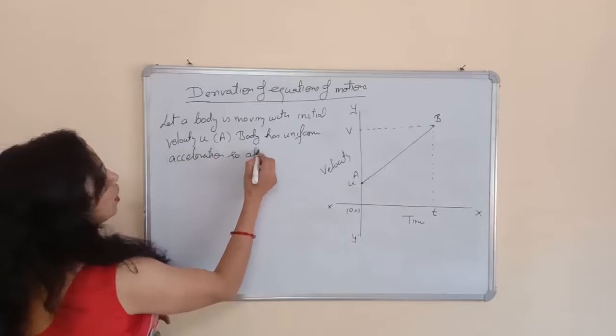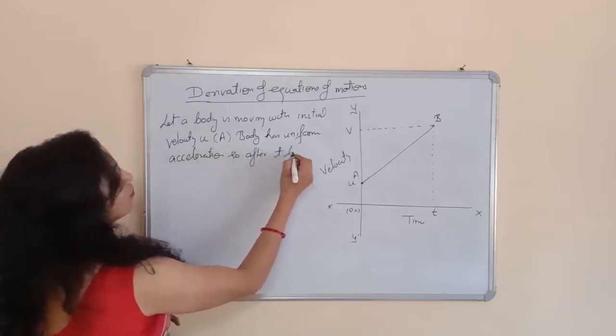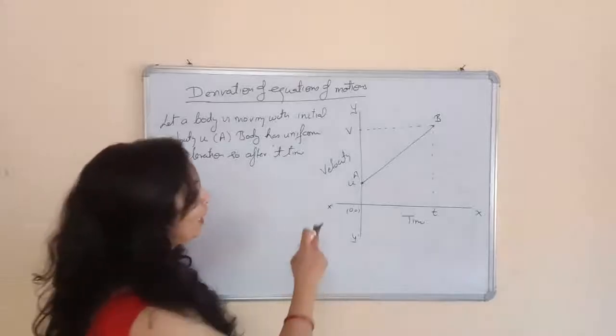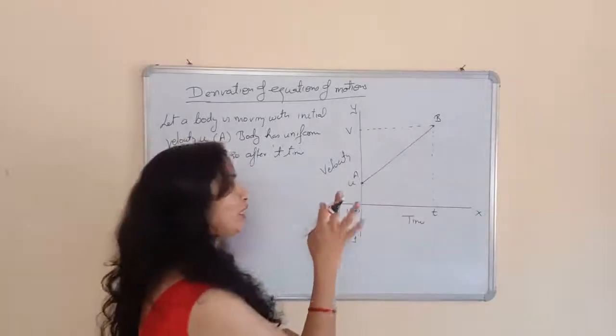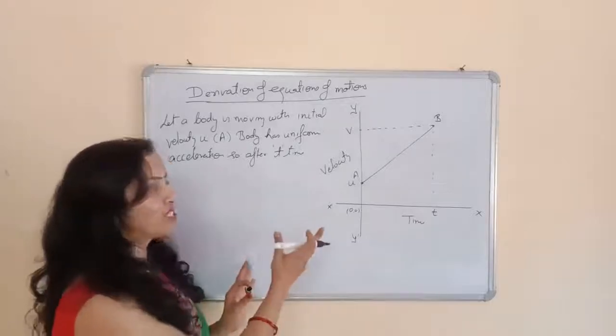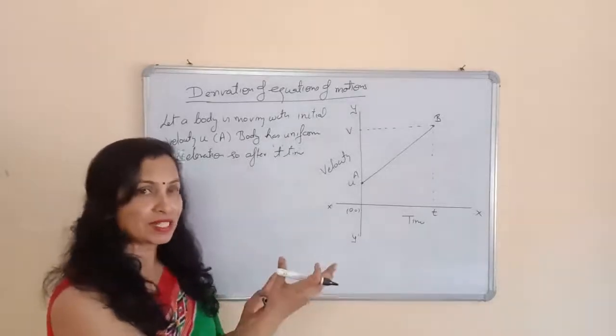So after t time, again we are talking about the time. All the values you are using here like U, V and T, you should mention what these physical quantities are actually representing.